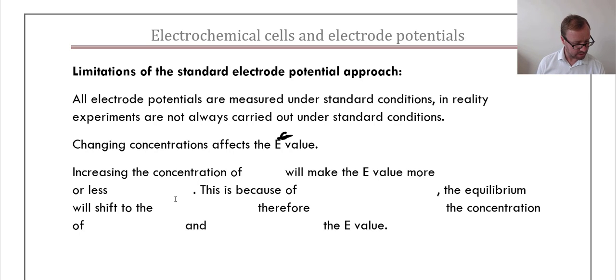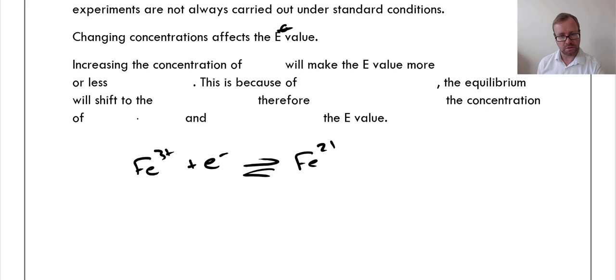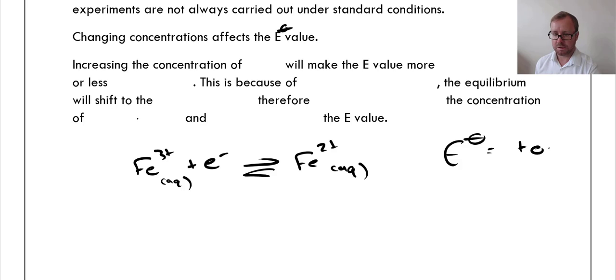If we look at this equation, Fe3 plus plus e minus goes to Fe2 plus aq, plus 0.77 volts. Okay, so we should be able to work this out together.